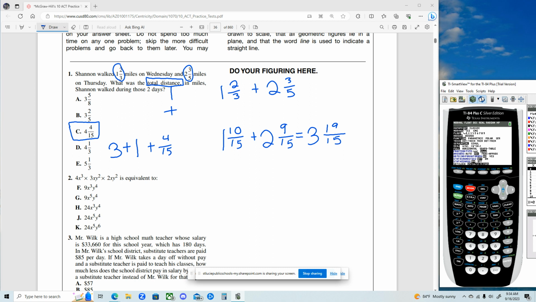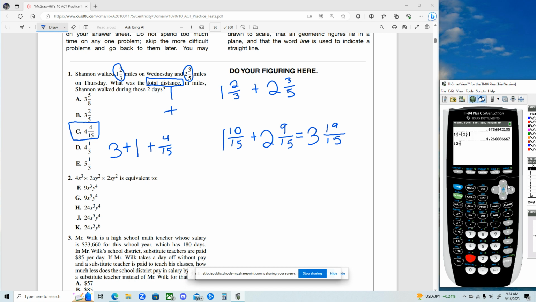I'm in math print. That's good. That's what I want to be in. But I've got to come down here to my answers, and I want my answer to be given in fraction mode. So if I change that here and I go back, now when I put this in, math, the number that I'm putting in is a unit numerator denominator.